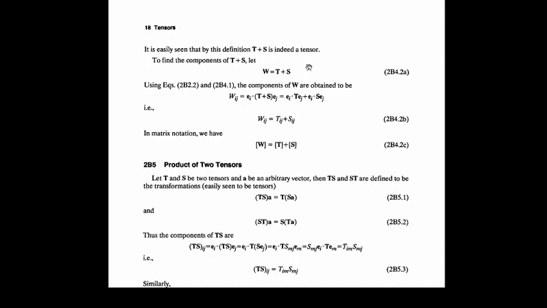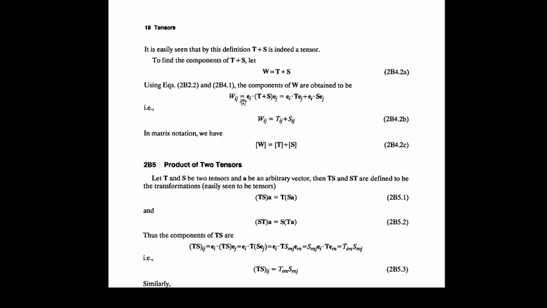Similarly, we can write the components of W. Suppose instead of T we have W, so it would be Wij equals Ei dot Wej.